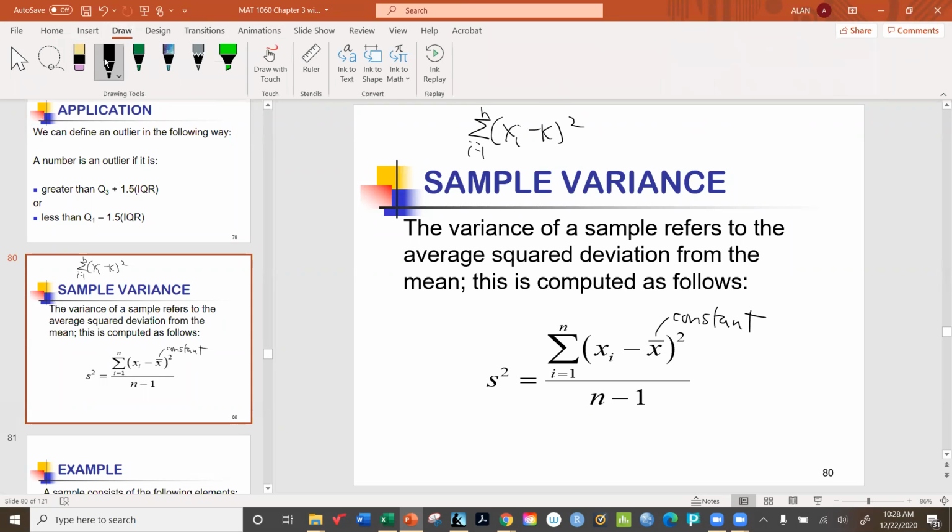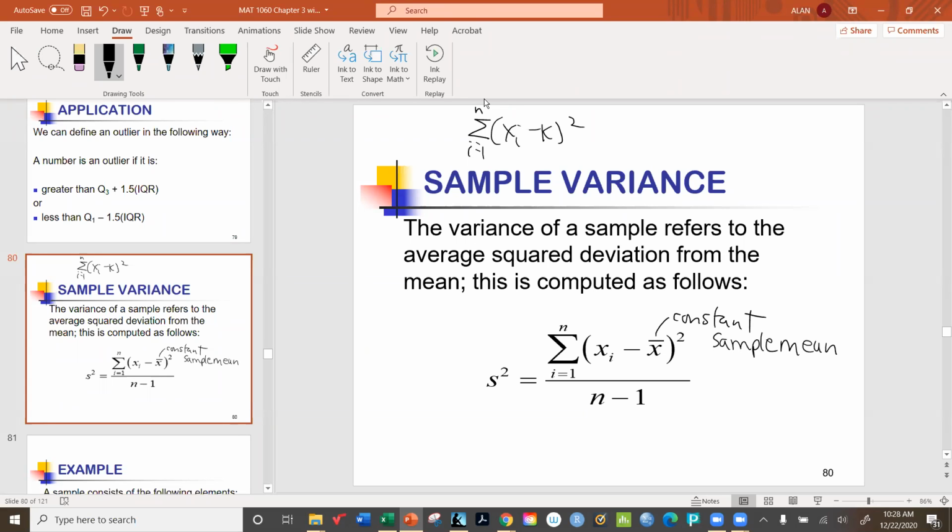Yes, you do. And what is this telling us to do? You're taking each element in your sample, you're subtracting this constant, you're squaring the results and adding them up. And that's exactly what you're doing here, except that now the constant itself is the sample mean. So what you're basically trying to do is find out how far on average your elements are from the center. How spread out are they?